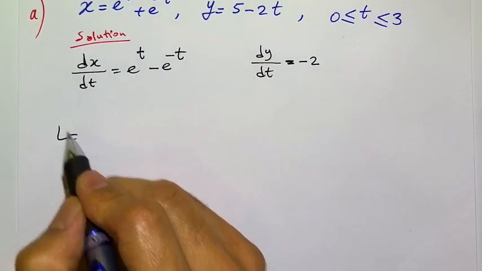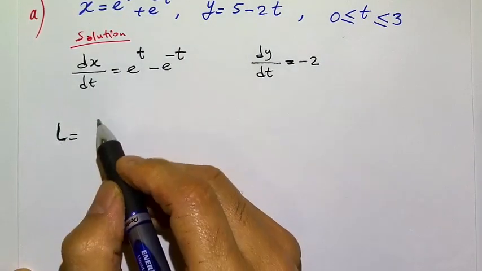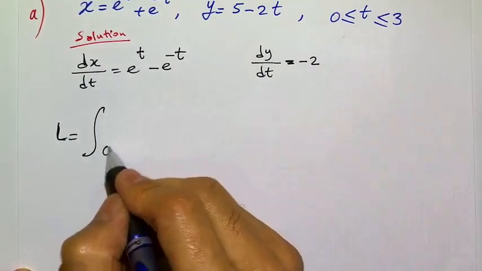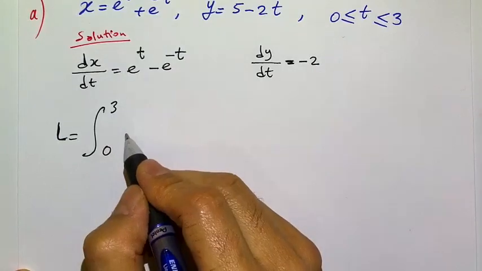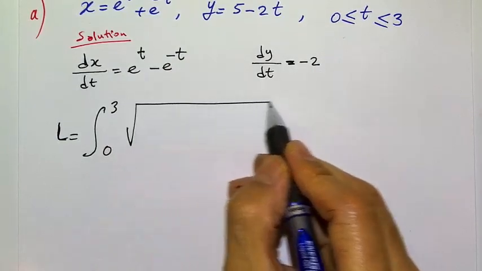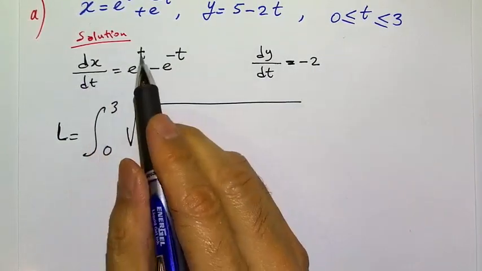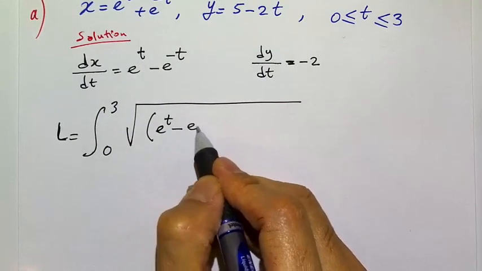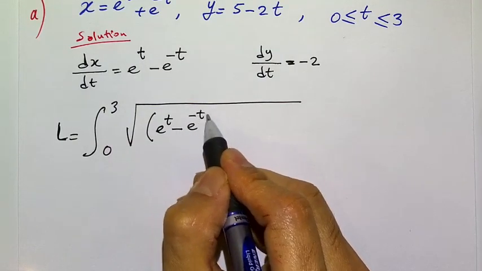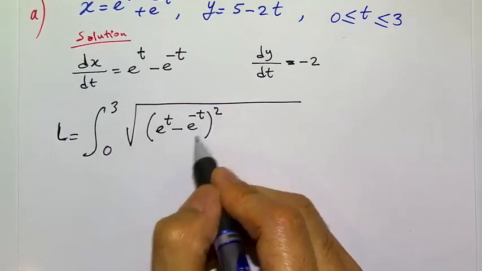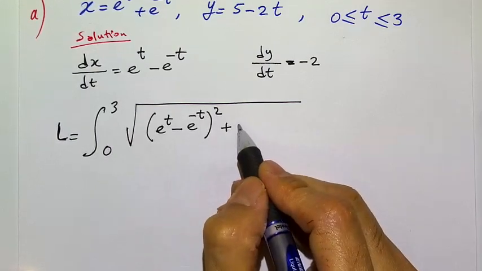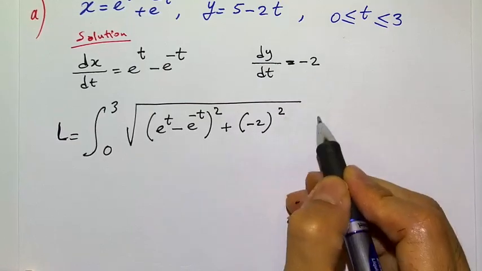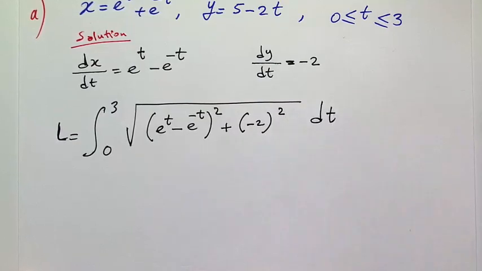So we have L, length of the arc, going from 0 to 3. And so under the square root, we have dx dt squared. So we have e to the t minus e to the minus t, squared, plus minus 2 squared, right? And of course dt.